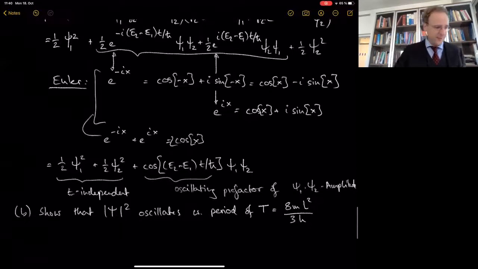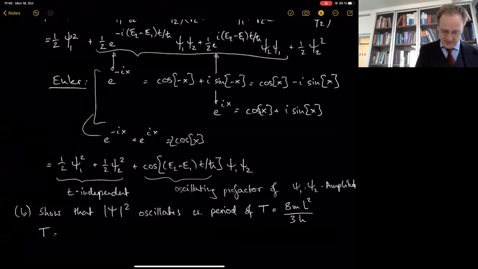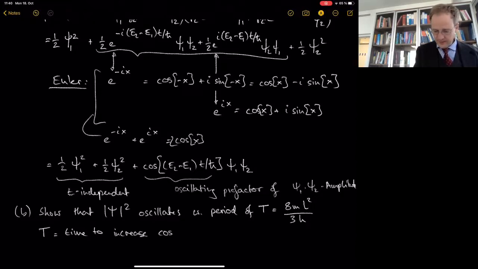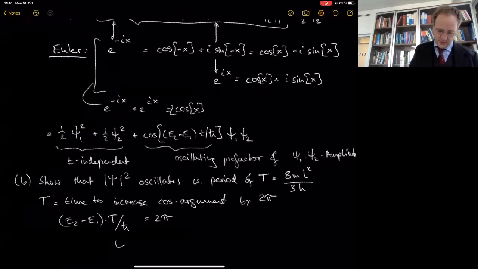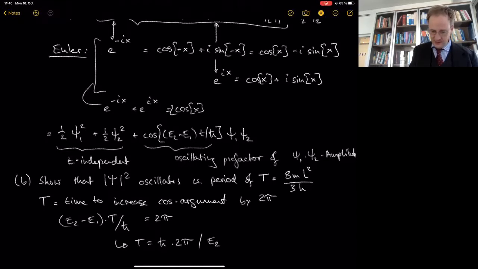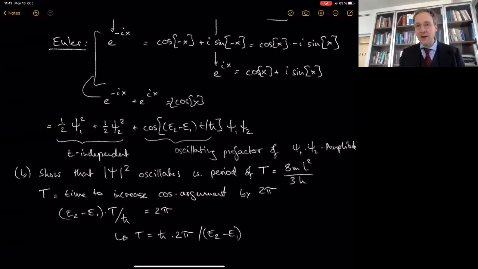That sounds tougher than it is. T is the time to increase the cosine argument by 2 pi. In other words, (E2 minus E1) times the period over h bar must be 2 pi. So you can solve for T equals h bar times 2 pi divided by E2 minus E1. Now, we know the particle in the box, so we can use those values.